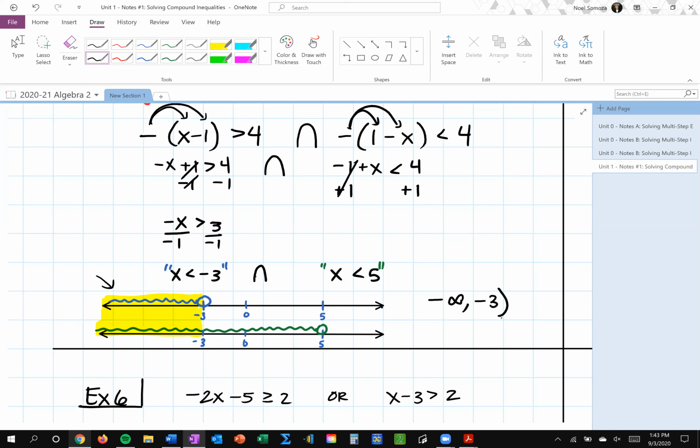Even though it satisfies the green one, since -3 is less than 5, it doesn't make this one true because -3 is not less than -3. Since it only counts for one inequality, we do not include it in both. Around infinity, it's always parentheses anyway. So there it is.